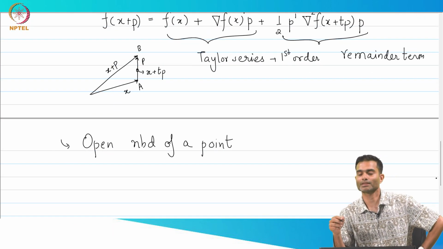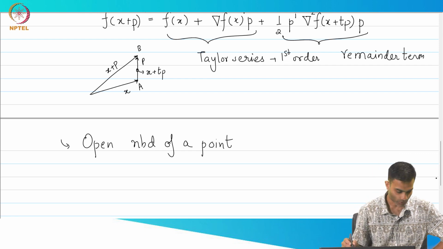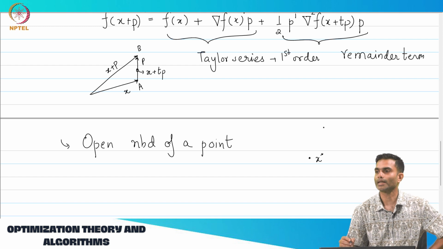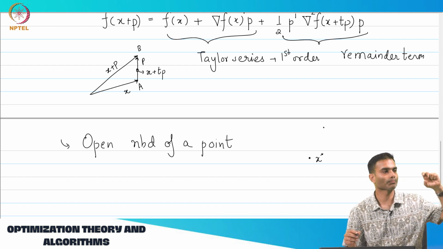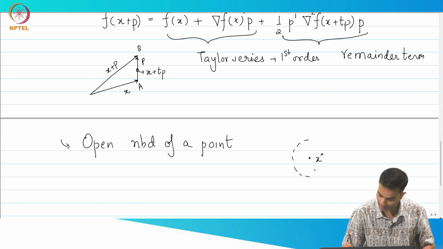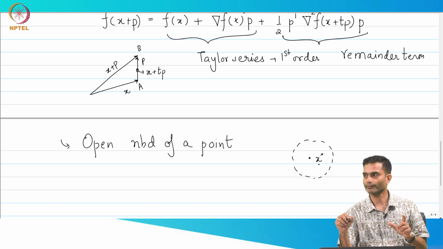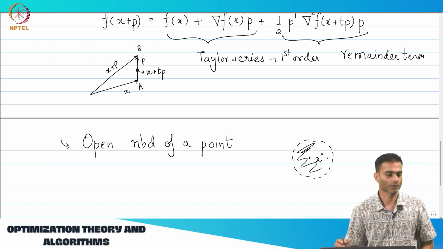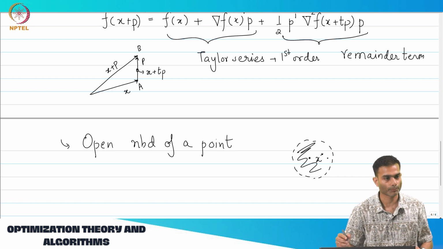It's essentially the generalization of an open set. So if this is my point x star, neighborhood means I define some small ball and carve the space around this x star, but I don't include the boundary. Then this region is called an open neighborhood about the point x star.